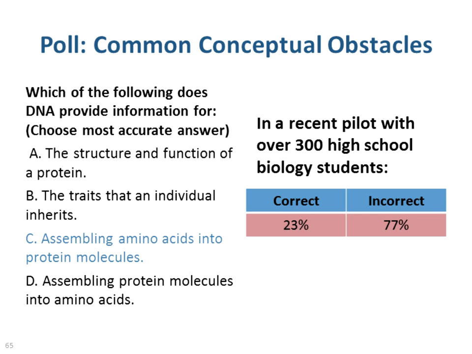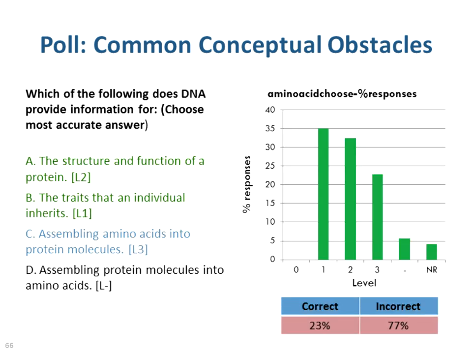But this is not a simple multiple choice question. This is what we call an ordered multiple choice question, in the sense that the distractors here are not just any old distractors. They reflect levels of sophistication in students' reasoning that is based on research that we and others have done.